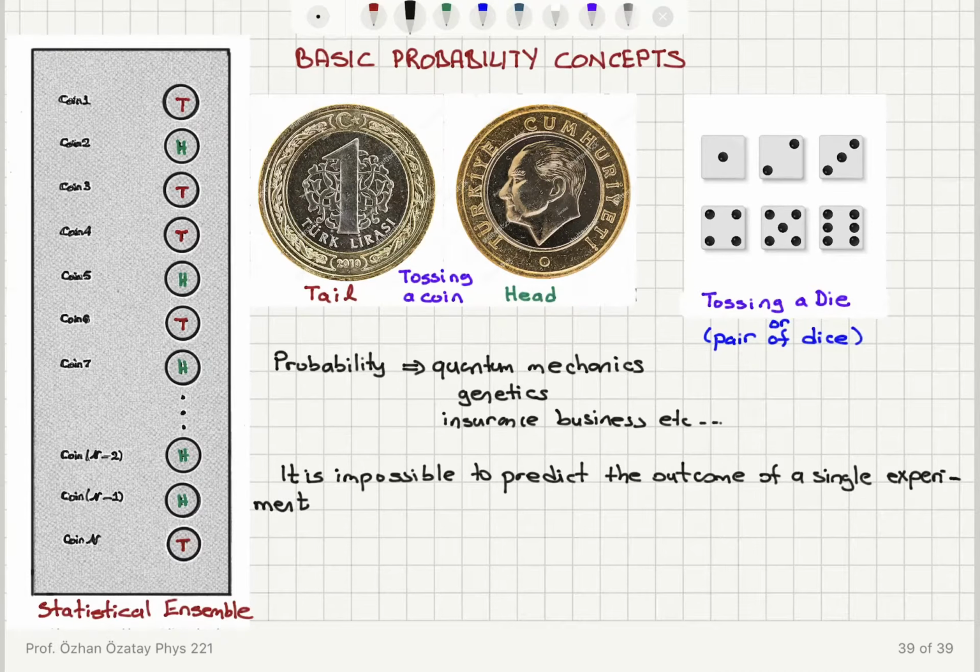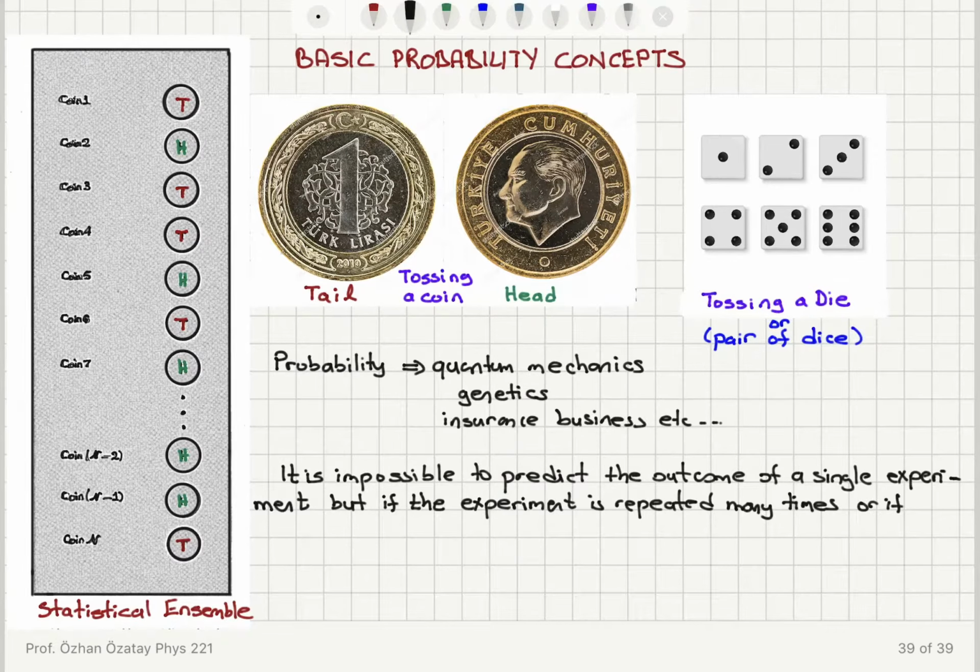So what we do is either we repeat the experiment many times with the same initial conditions. So there are two ways to measure the probability. The first one is the experiment is repeated many times, but then we have to make sure that we have exactly the same initial conditions.